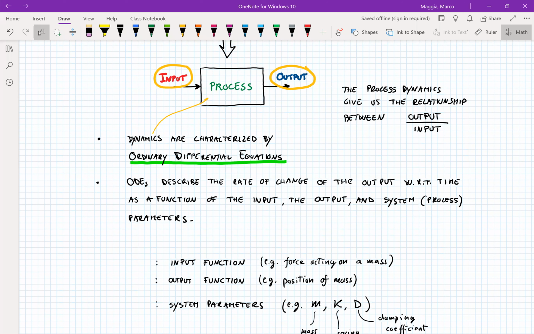We saw this in great detail in vibrations, but we will recall this relationship between input and output through ODEs.